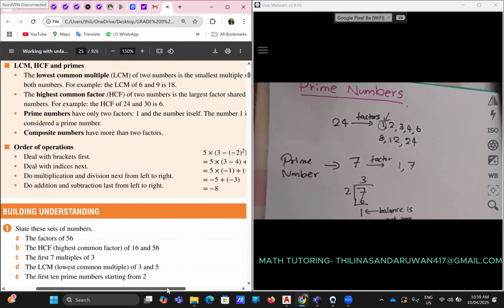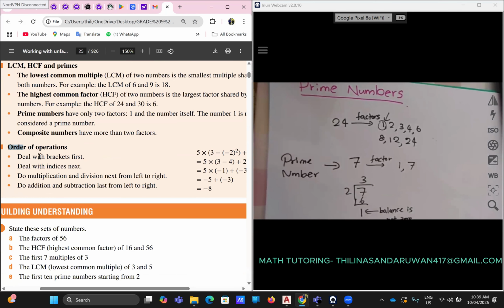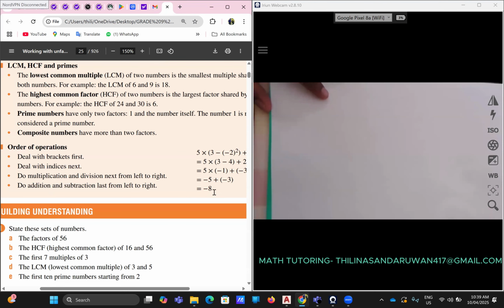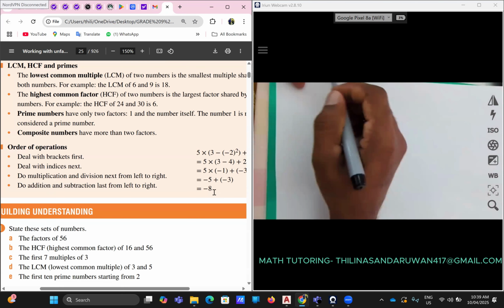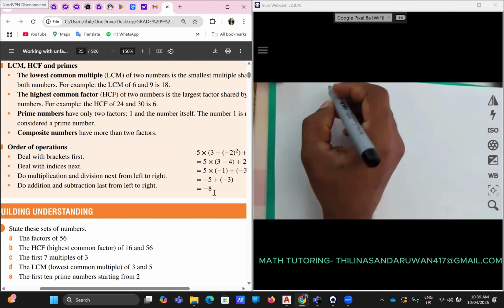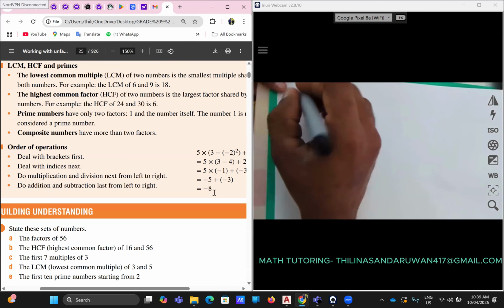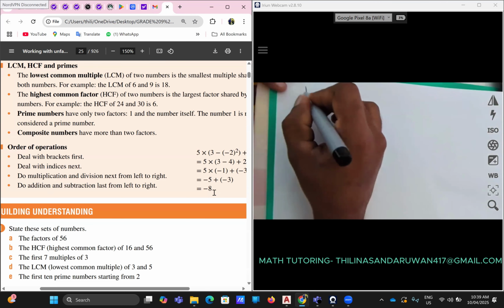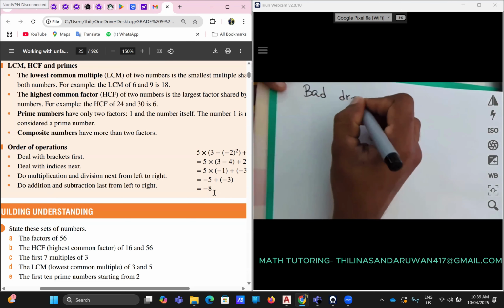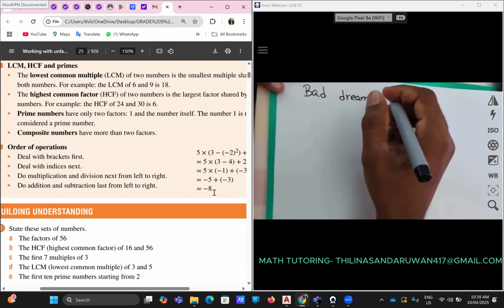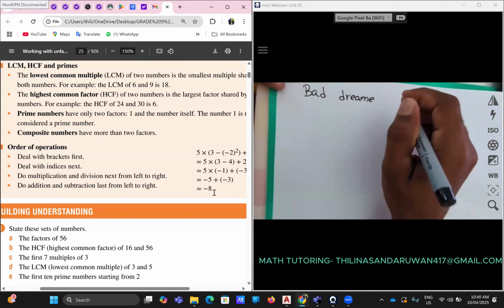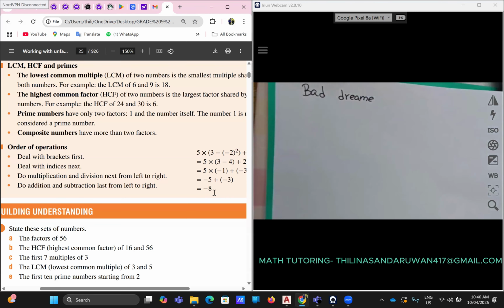And again, you must remember this order of operations, because that is the main point of this lesson. For me, I remember this like bad dreams. Let me check. I can't remember.